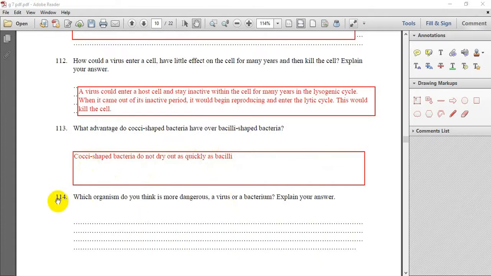Next, question 114. Which organism do you think is more dangerous, a virus or a bacterium? What do you think? Which one is more dangerous? Of course, the virus, because as we said before, the virus's genetic material changes very quickly. So when they discover a new antiviral for the virus, it changes its DNA to become more resistant to this kind of antiviral, like what's happening now with coronavirus.